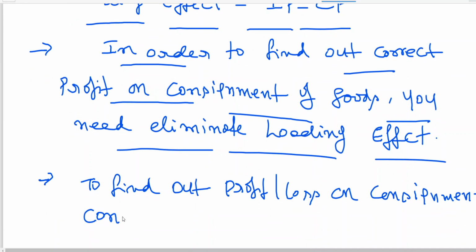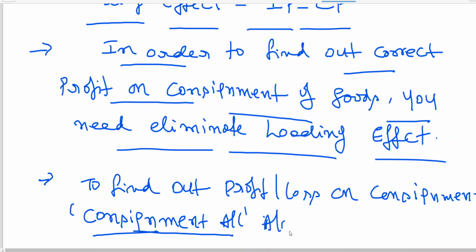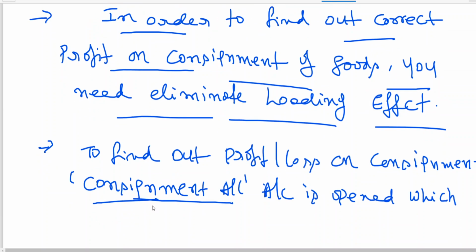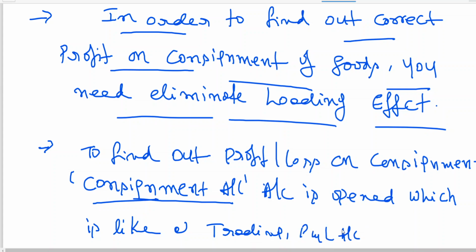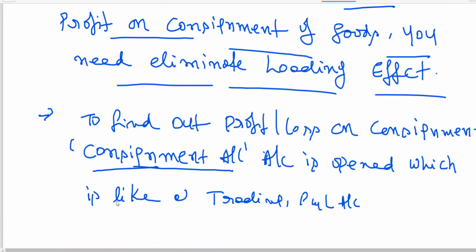Consignment account is opened to find out profit or loss on consignment, which is like a trading comma P&L account. That we'll be learning in the due course.